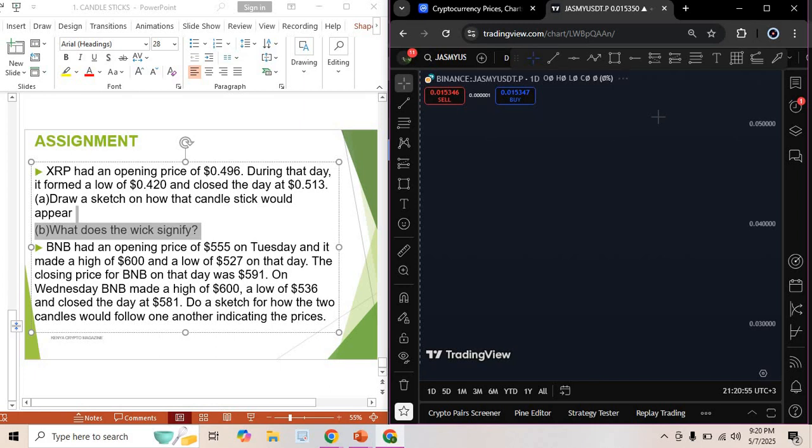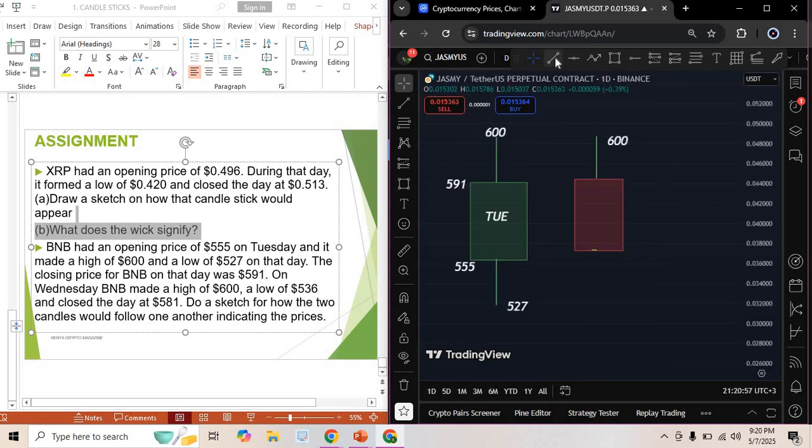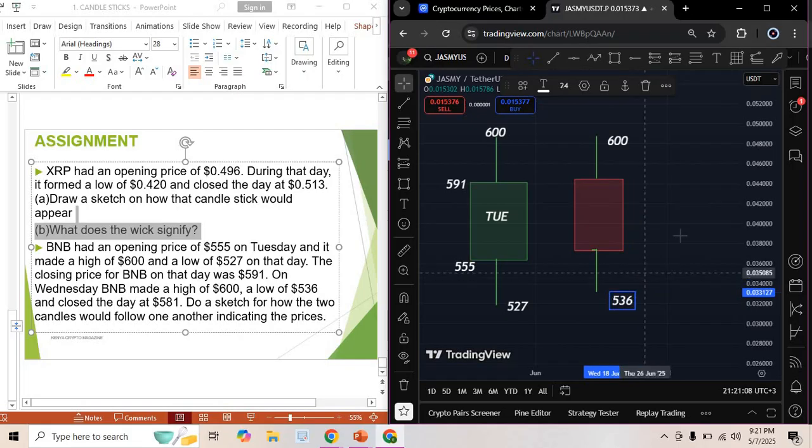Why is it not drawing? Okay, let me do that again. 536. Where's my text tool? 536. Yes. The candlestick should not have a body. Oh, why?